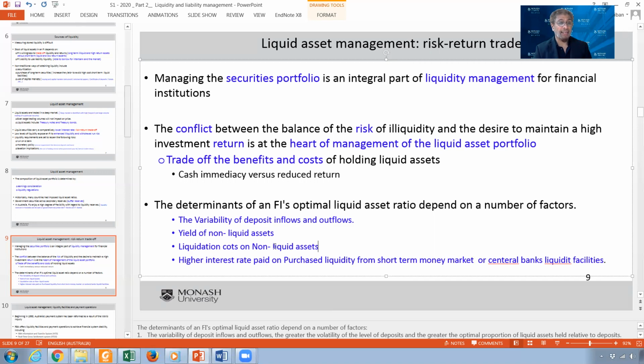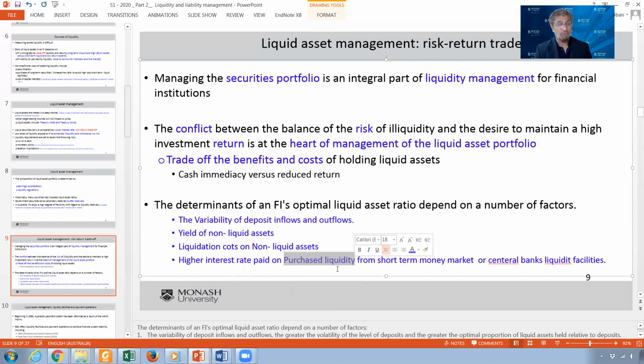Now, if there is a higher interest rate paid on purchased liquidity, that will encourage you to have more short-term assets because they are cheaper for you.